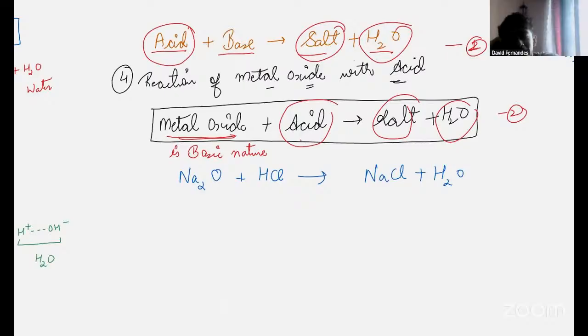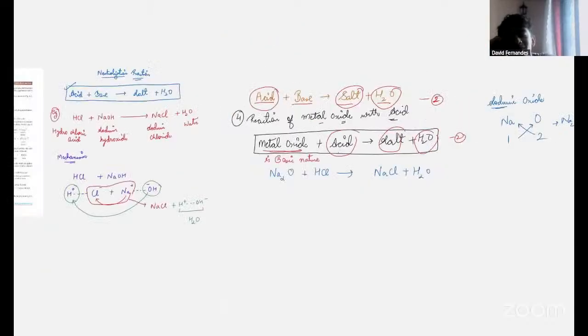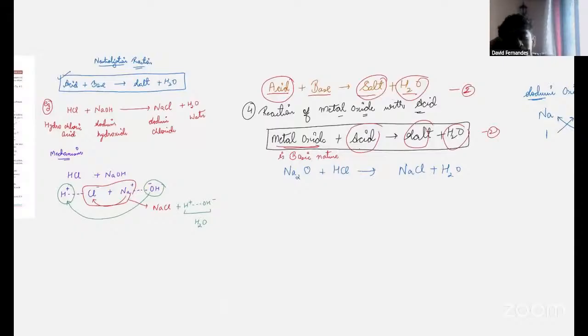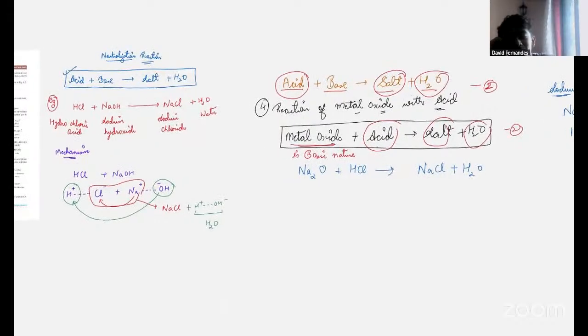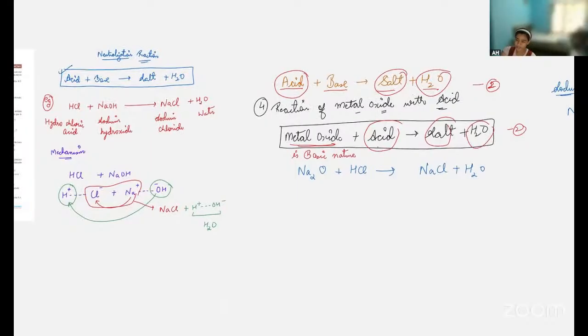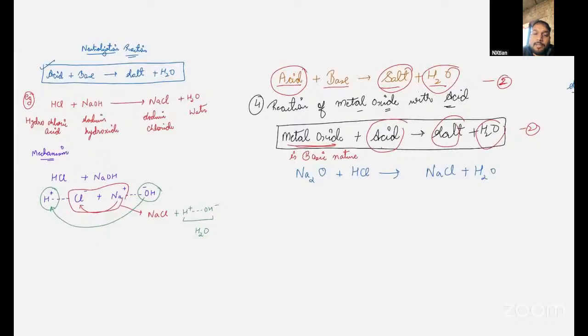When people get scraped on their knee or something, they put turmeric on the wound. That is another topic, for healing, not for acidity or basicity. Turmeric is a natural medicine. Let me check: is turmeric basic in nature?